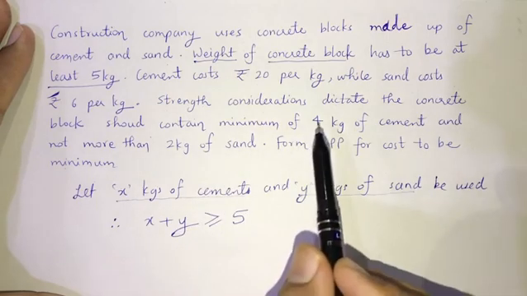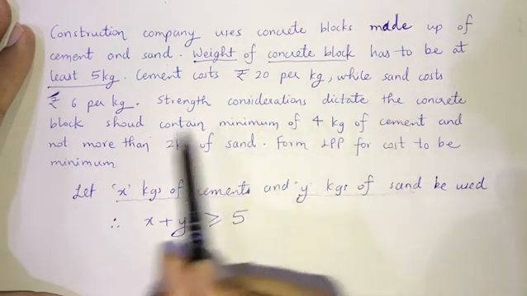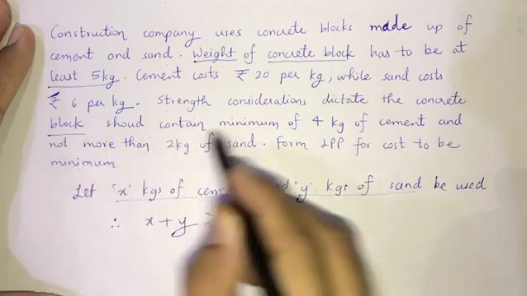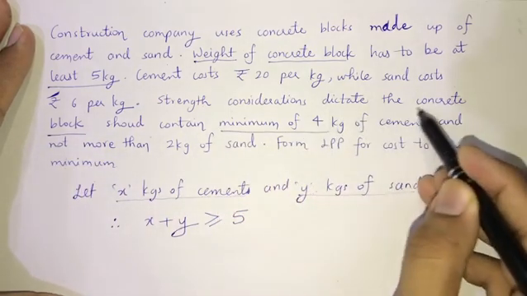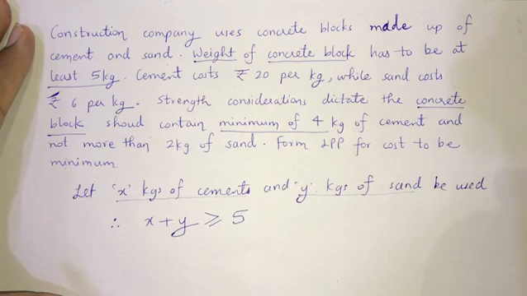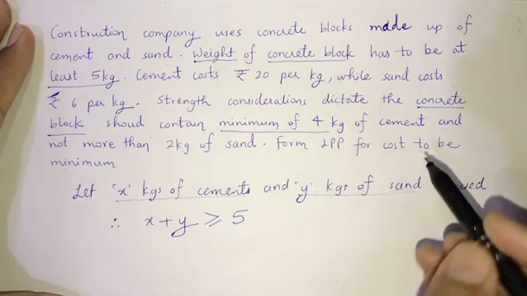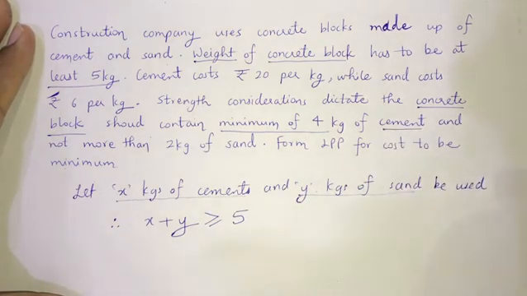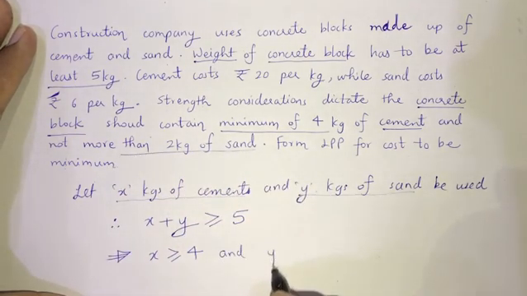Next, strength considerations dictate that the concrete block should have a minimum of 4 kg of cement. That gives rise to the next constraint: x has to be a minimum of 4. And not more than 2 kgs of sand, so y has to be less than or equal to 2.